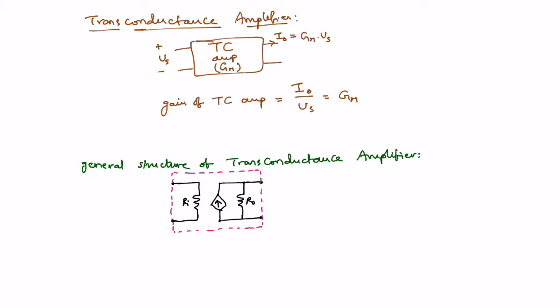So this is a block diagram, and whenever you apply input signal Vs, it produces output I naught equal to Gm times Vs. Gm means gain of the transconductance amplifier.